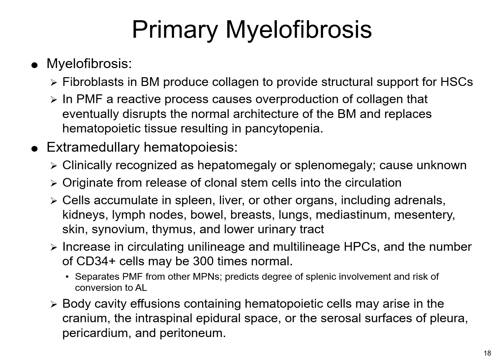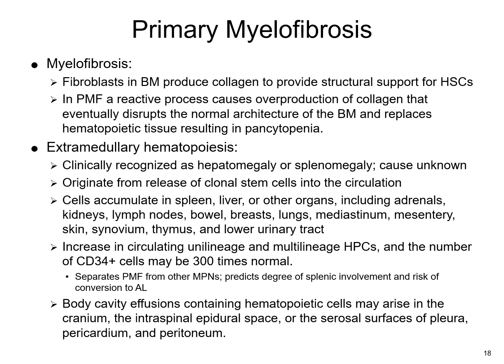There is an increase in circulating unilineage and multilineage hematopoietic stem cells, so you could have one particular cell line or all cell lines that are circulating. And there is an increase in the CD34 cells, and it's typically going to be about 300 times greater than normal values should be.